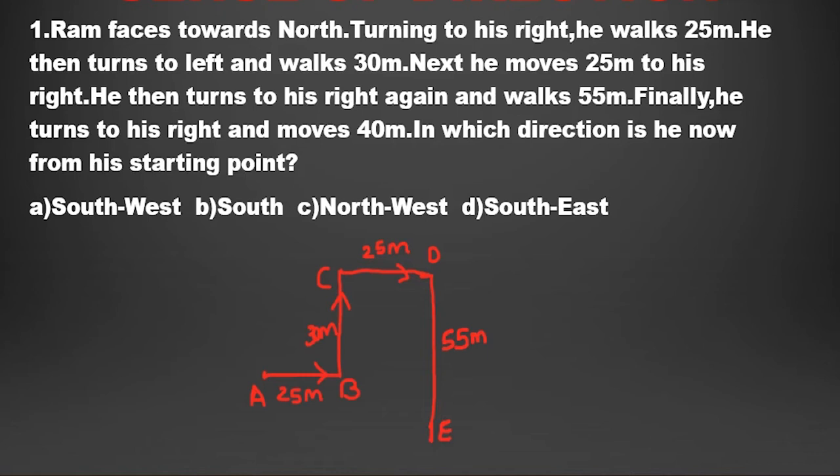The right of point E is this direction. He moves right up to 40 meters. Let the final point be F.